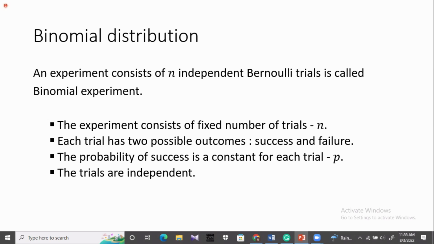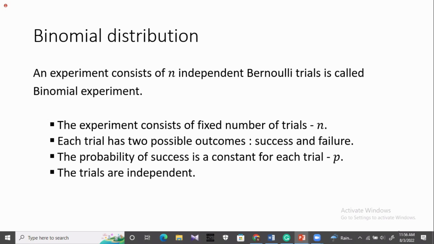That means if you toss a fair coin two times, then we can consider that as a binomial distribution. Why? If you toss a fair coin once, that's a Bernoulli trial. We are tossing the same coin again, again it's a Bernoulli trial. Or we can toss the same coin again, again it's a Bernoulli trial. So there are three Bernoulli trials.